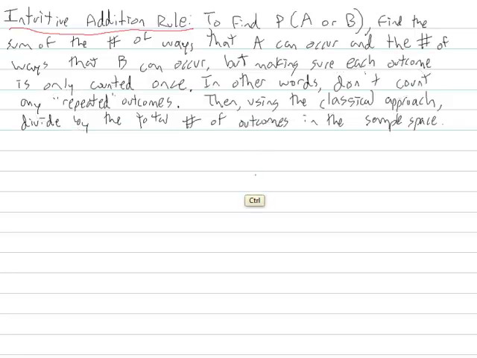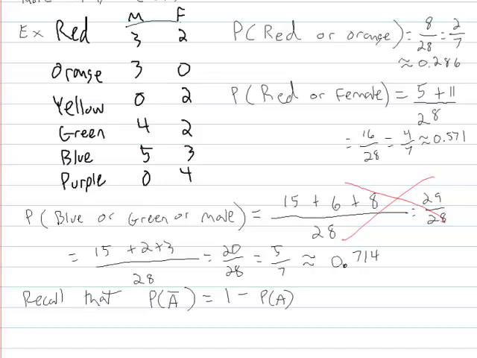We count every value exactly once. So if I take these 5 reds, I can't count these 2 females again. So I just add in the remaining 11, and we get 5 plus 11, a total of 16 out of 28.